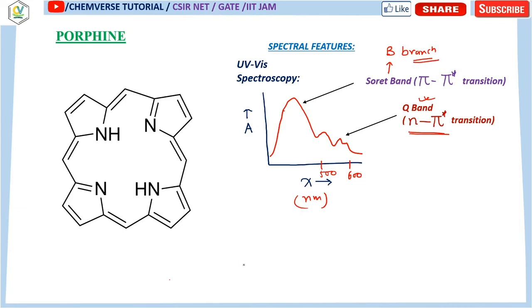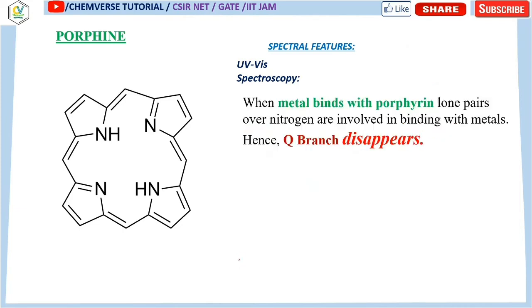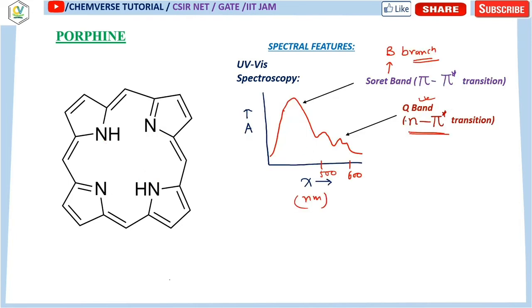Now what we can see is that when metal binds with porphyrin, the lone pair over this nitrogen, and when it is present in dianionic form, there will also be lone pairs. Those lone pairs are already involved in binding with the metal, and that is why the Q band, which appears for the n to pi star transition, disappears. n means the non-bonding electron, basically the lone pair over the nitrogen.